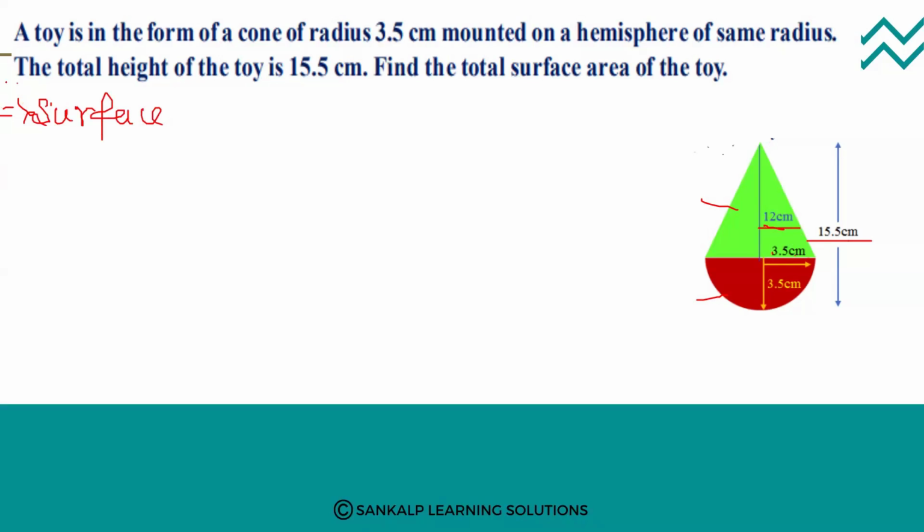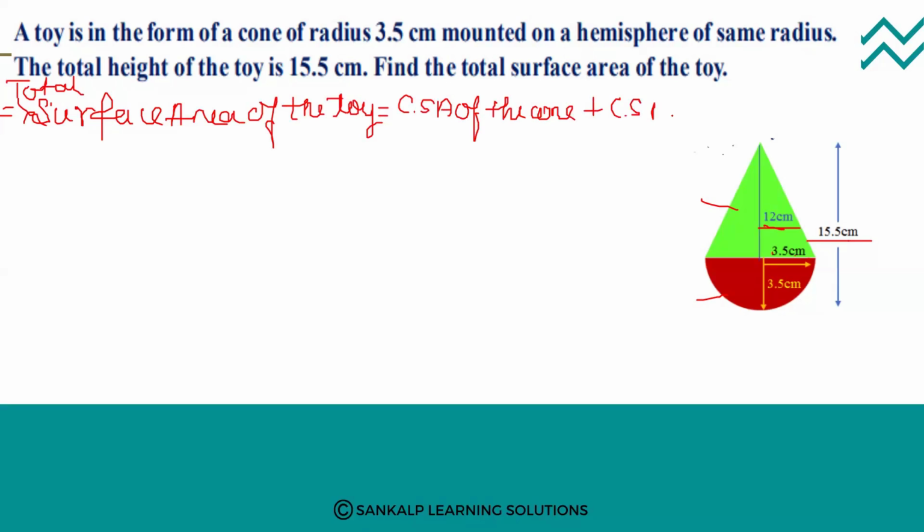Total surface area of the toy is equal to curved surface area of the cone plus curved surface area of the hemisphere. Right? So curved surface area of the cone is pi RL plus curved surface area of the hemisphere is 2 pi R square, right? Now, pi value is 22 divided by 7.